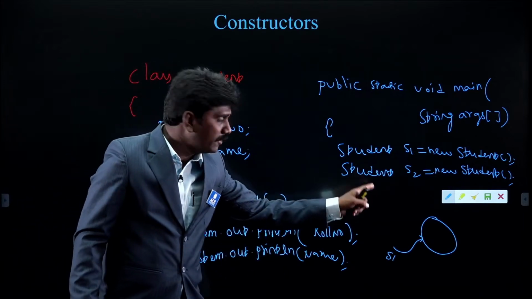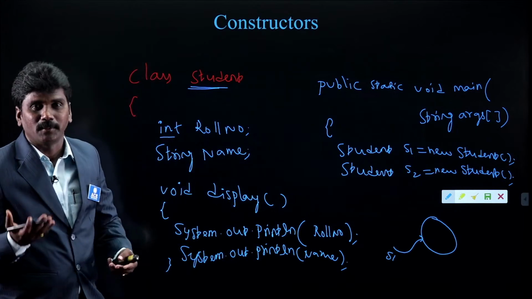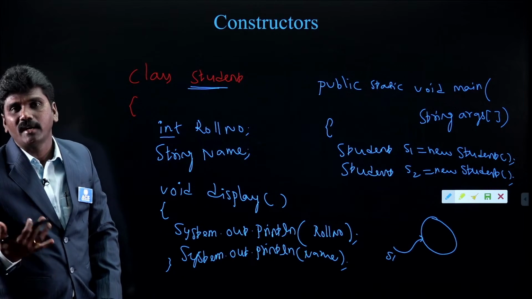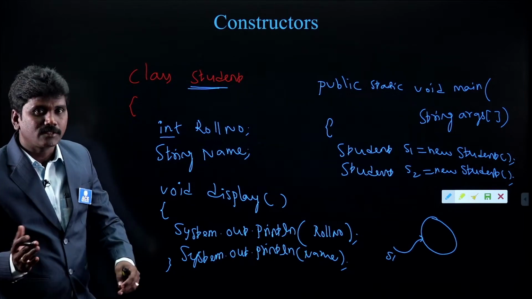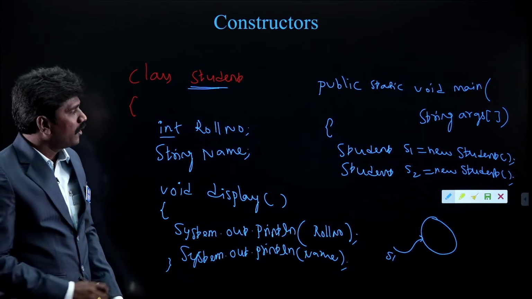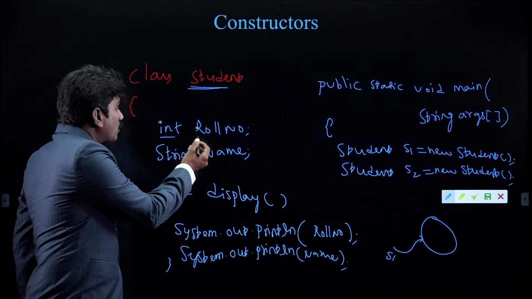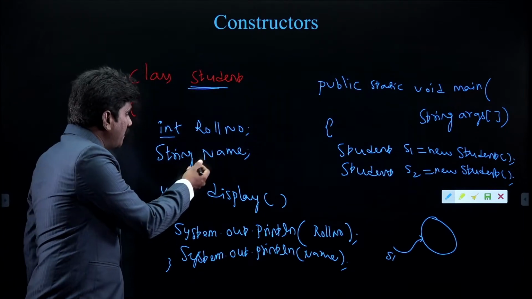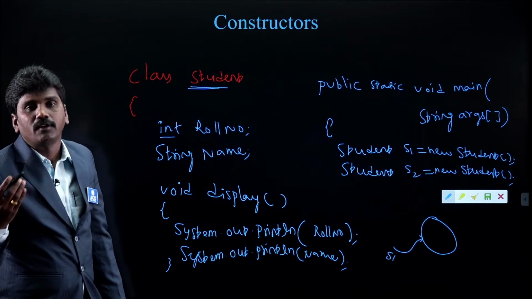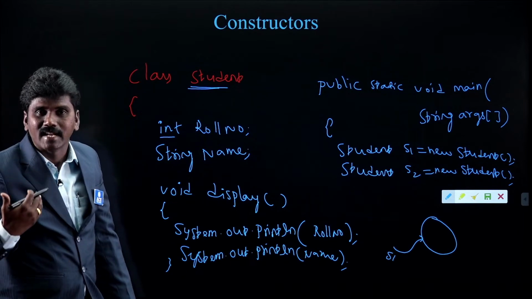Similarly, even if we create s2, the name and roll number are going to be the same because the default values are going to be provided. We have not assigned any value to that object, so the default values of roll number, which is of integer type, and name, which is of string type, will be initialized to that particular object's instance variables.